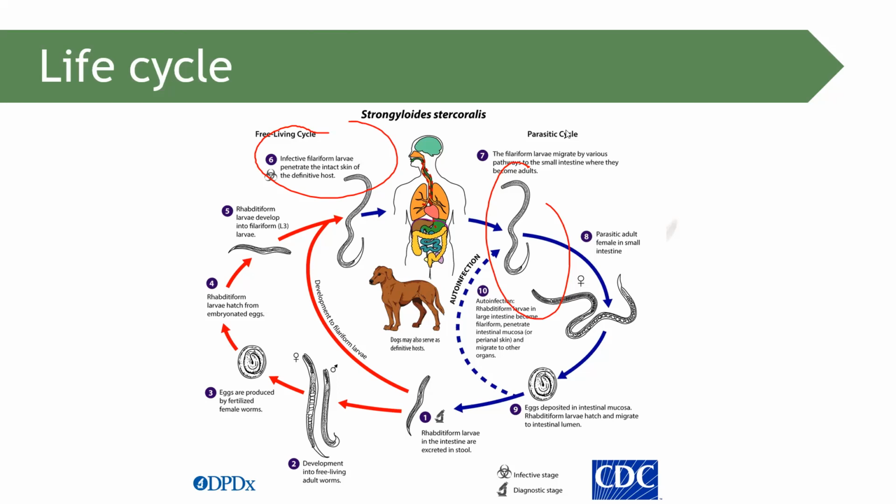Or this Rhabditiform naging Filariform, kung Filariform naging adult outside the body of the host, nagkaroon ng male and female, nag-union sila, nakapag-produce ng egg. Okay?